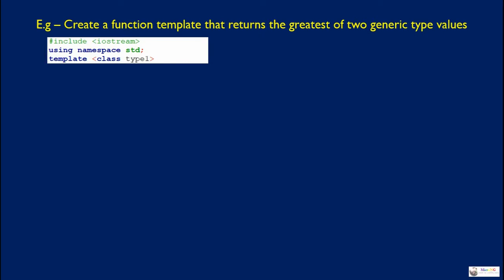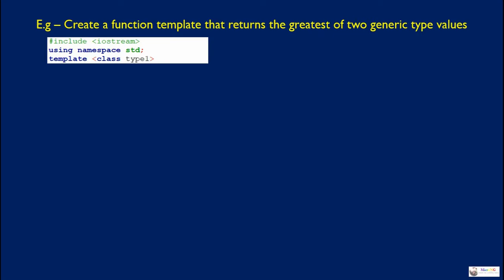Example to create a function template that returns the greatest of two generic types, either the greatest of two integers or greatest of two float values. For writing this program, we start with a keyword template followed by a less than and greater than symbol, and within that we are using the keyword class followed by an identifier for the data type.